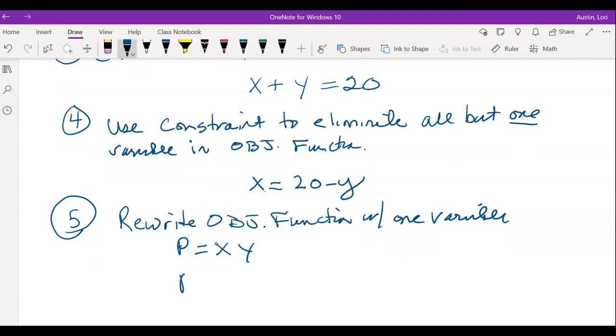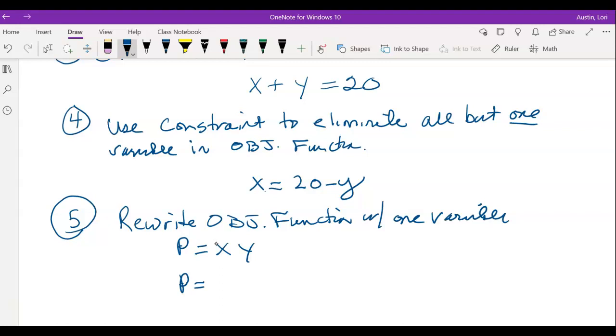Now it's going to be P equals... You can put everything in terms of X, or you can put everything in terms of Y. At the end of the day, it's not going to matter. Does everybody see that?